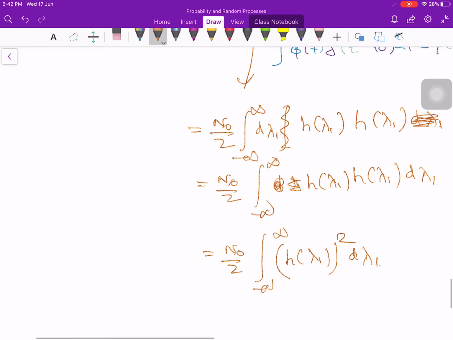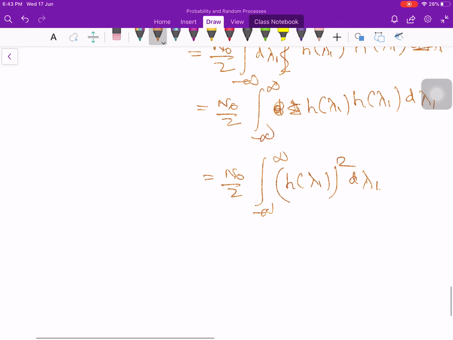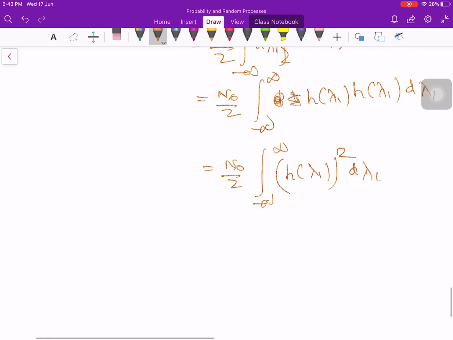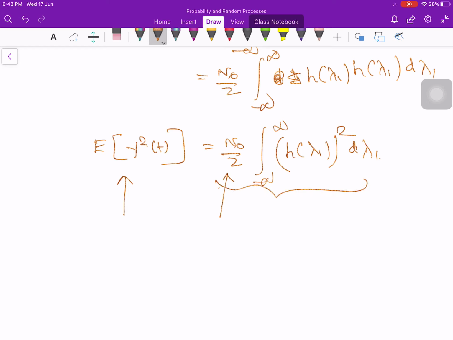This is the mean square value of the output process for a specific case. That specific case is white noise. Expected value of y square of t. So this means that the output mean square value is equal to the spectral density.